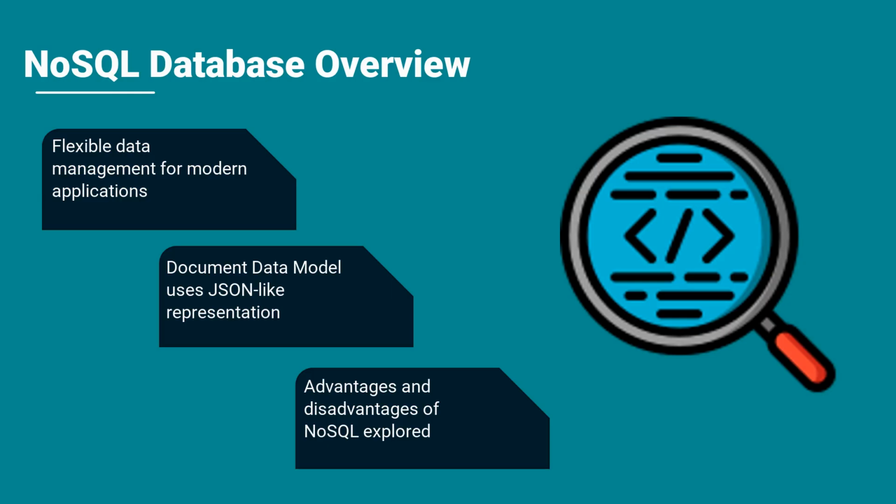This document data model allows for complex data interactions without the usual constraints of fixed schemas, and indexing, well, that really optimizes performance. Ultimately, NoSQL offers a powerful approach to data management, enhancing innovation and adaptability for modern applications. Now, let's dive into the advantages and disadvantages of NoSQL databases.